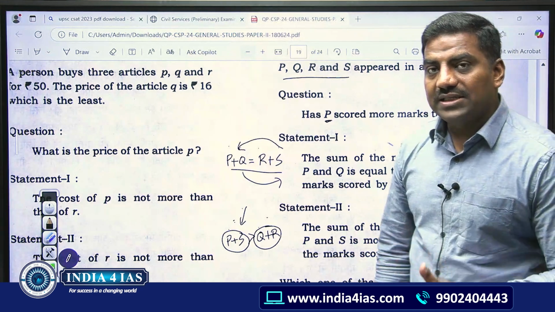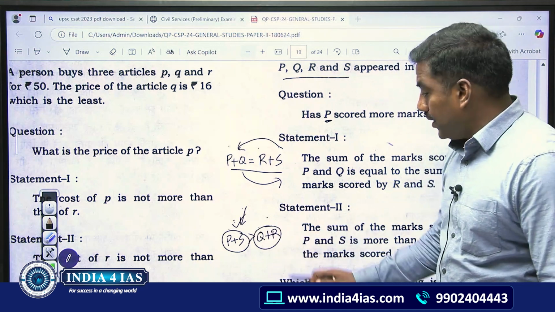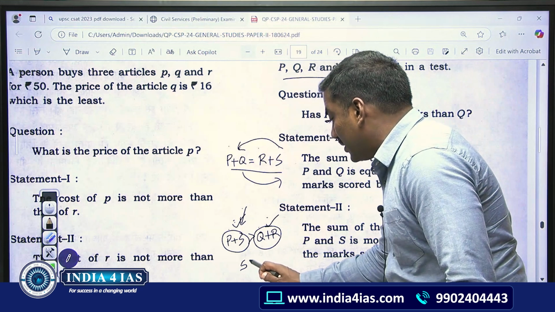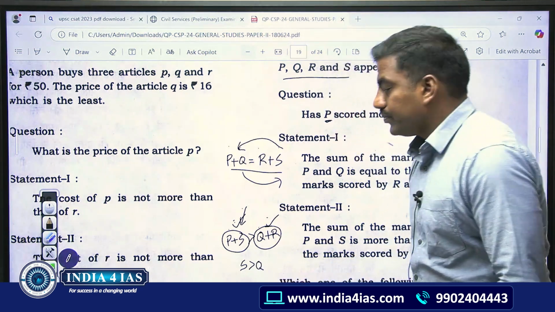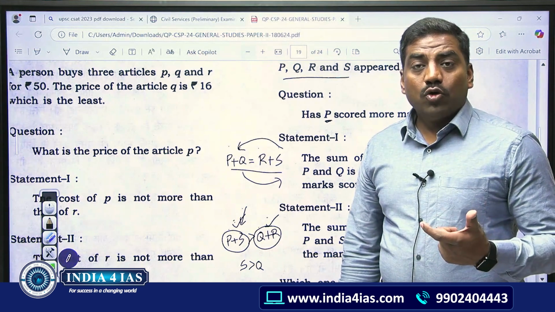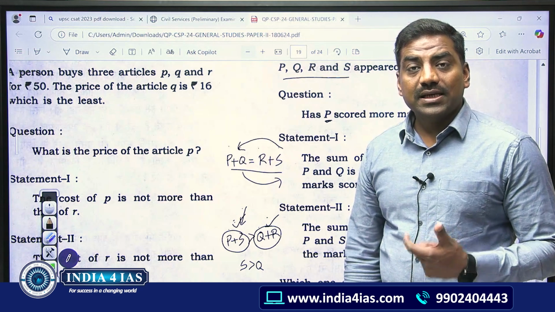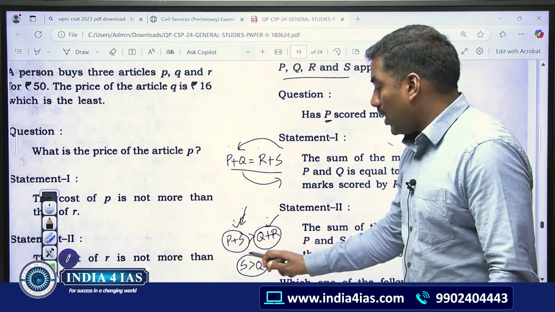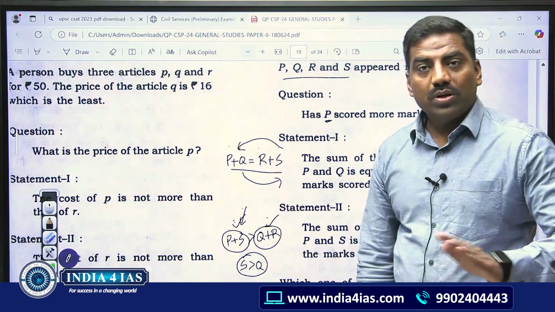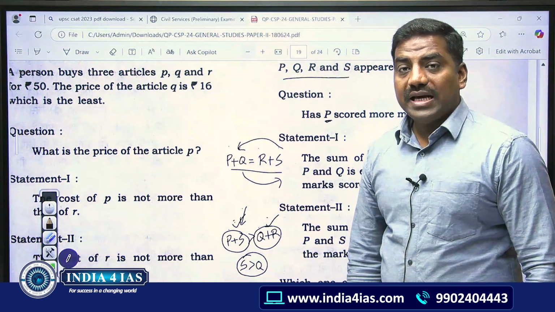Just by interchanging the place of S and Q, this group is becoming stronger and this group is becoming weaker. In that case, I can only tell that S is more than Q, because just by bringing S here, the group value is getting better compared to the previous group. So S is greater than Q. This is what I can conclude, but nothing else. Between P and Q, no, we cannot compare. But between S and Q, yes, we can definitely say S is more than Q.